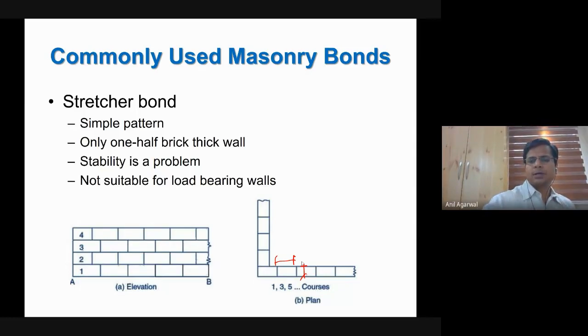Okay, so typically width is approximately half of the length. That's why we can say that if you make a wall with the stretcher bond, then your thickness of the wall is only half the brick. So it's called 1/2 brick thick wall. So the wall is only 1/2 brick thick.